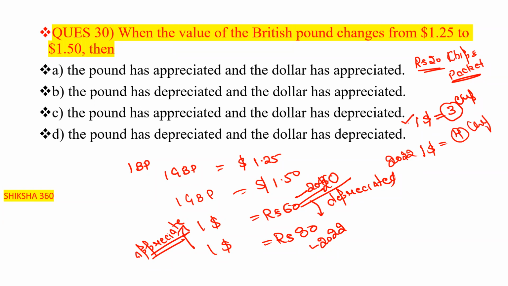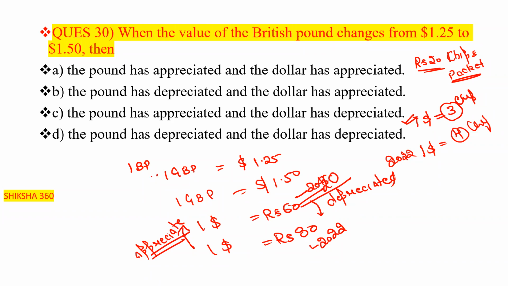So here the value of the dollar is going to appreciate, that is, the value of the dollar is going to increase, and the value of the rupee is going to decrease. Clear? Because in 2020 we could purchase only 3 packets, and now in 2022 we can purchase 4 packets with the same amount of dollar.